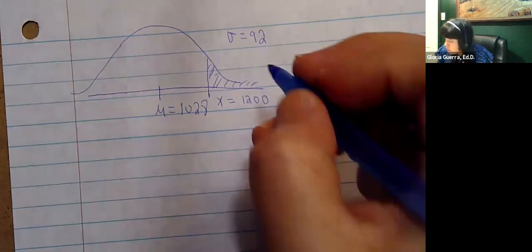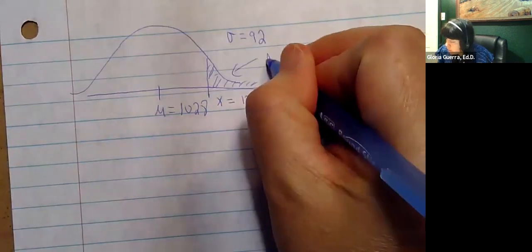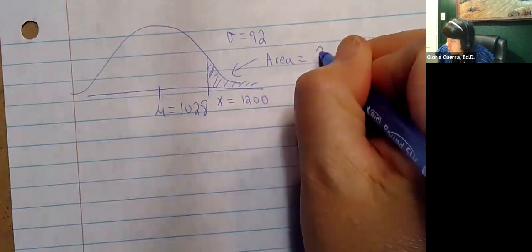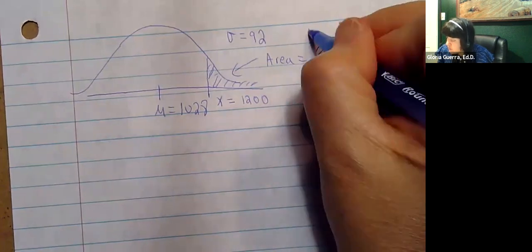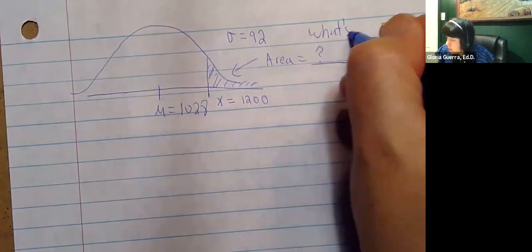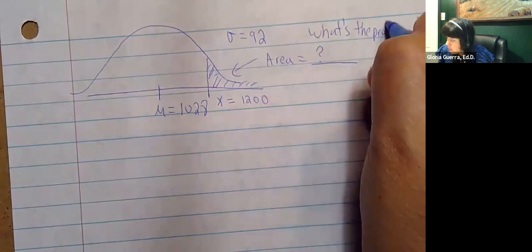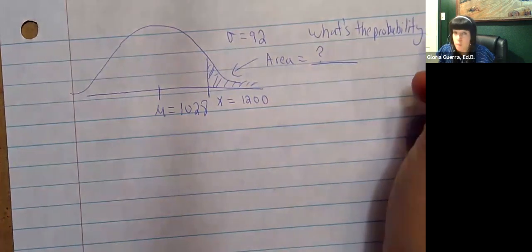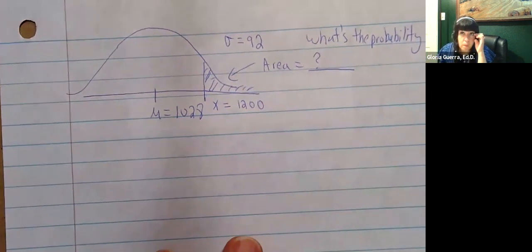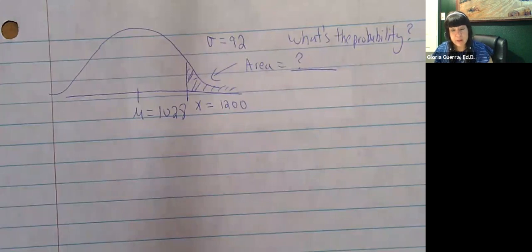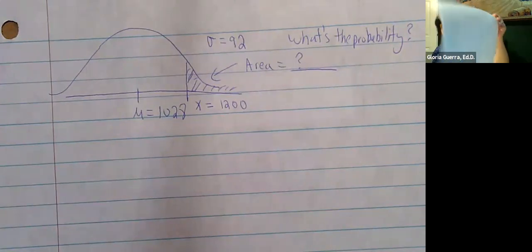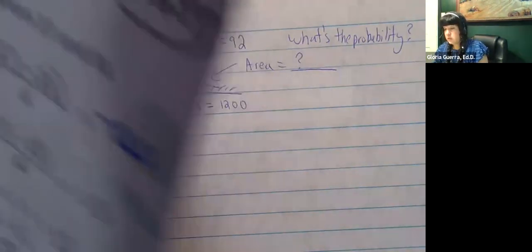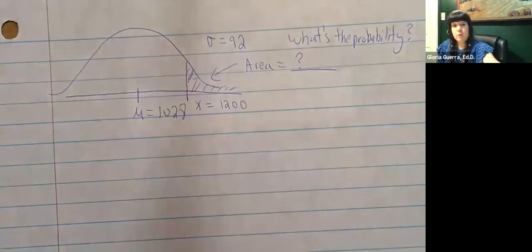And so we're looking for the area. It asks what's the probability, and that's another way of saying what's the area. And that's what I want to show you, because in your workbook, they did two that were area to the left, right?